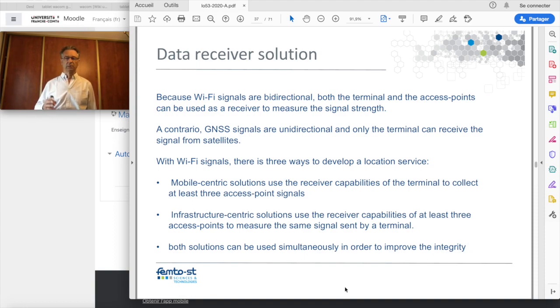It will be a distributed system, because it's no more centralized, the reception will be on more than one device. Both solutions can also be used at the same time, even if you prefer a mobile-centric solution for your application, probably to improve the confidence and the integrity of the results.